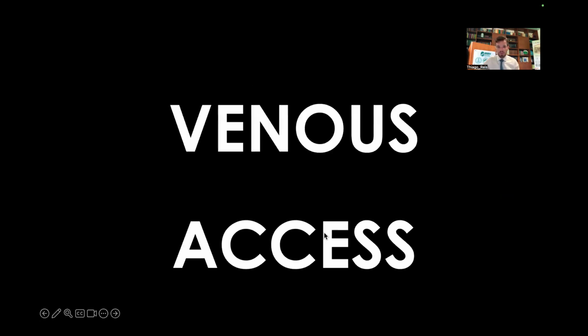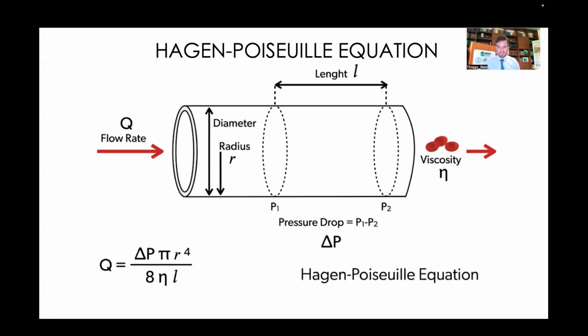I will cover both. But irrespective of the modality, venous access is key to perform dialysis in the intensive care unit. There is the Hagen-Poiseuille equation, which demonstrates that the resistance to blood flow has a relation to the fourth power of the radius.